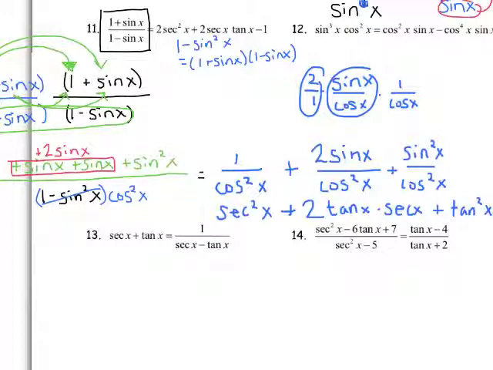So I kind of would like to think that I'm done, and if you look, you're actually really close. This middle piece is represented in what I have, but I don't have these two yet. I do have a secant squared, so I'm pretty close there, but I don't need tangent squared. So looking at your formula chart, instead of writing tangent squared, you could write secant squared minus 1. So I'm just going to rewrite everything else, but instead of writing tangent squared, I'm writing secant squared minus 1.